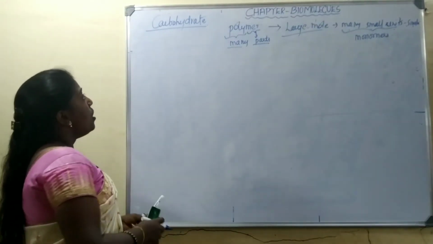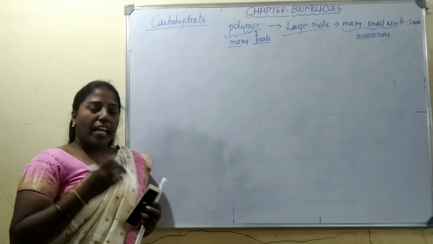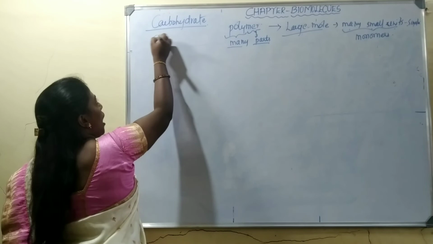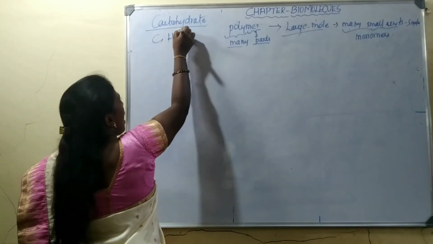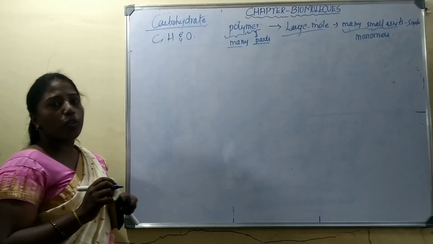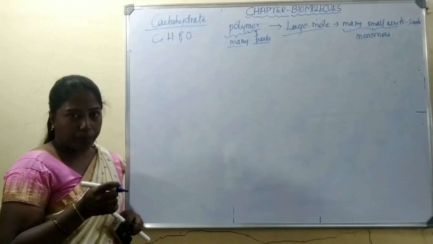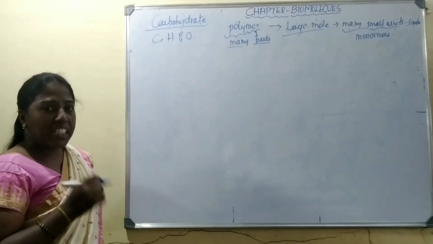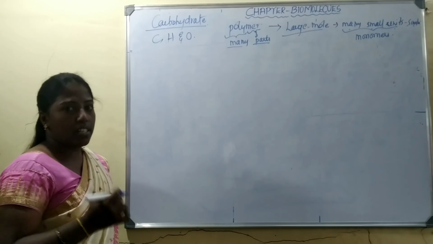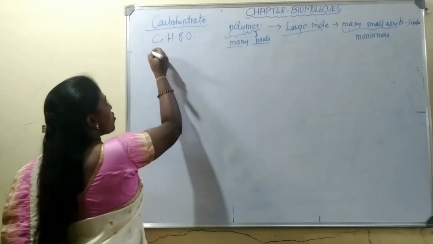Okay. So carbohydrates are organic compounds which are made up of carbon, hydrogen and oxygen. In carbohydrates, the ratio of hydrogen and oxygen is the same as that of water, that is 2:1.